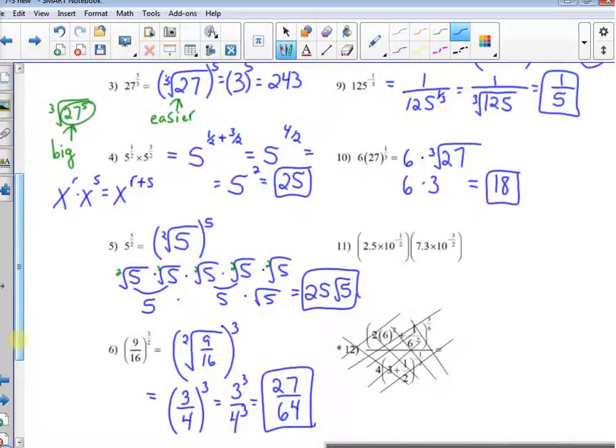Okay, number 11. So, with number 11, what you can do is multiply the 2.5 and the 7.3. I'm not going to do FOIL here because it's not that kind of problem. But 2.5 times 7.3, let me change that to a better decimal point.